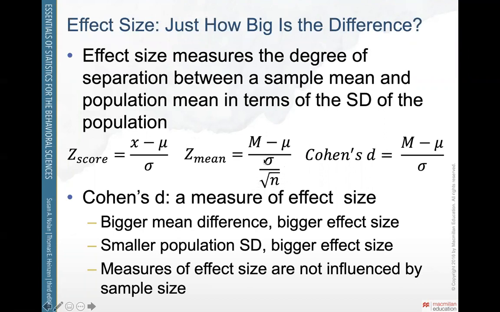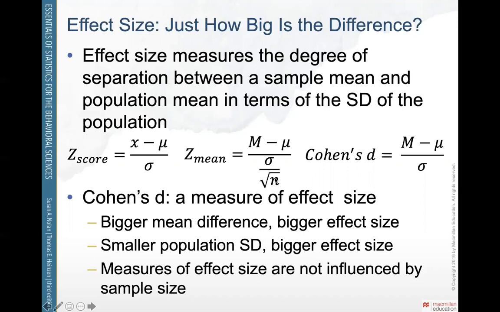If the standard error is big, that causes the overall ratio to be small. That's several steps, so I'll repeat it. If the sample size is small, that causes the overall standard error to be big. If the overall standard error is big, that causes the overall ratio, the Z-mean, to be small.